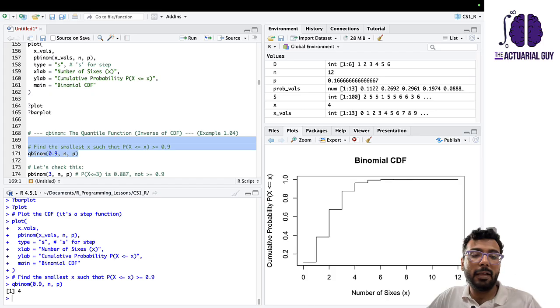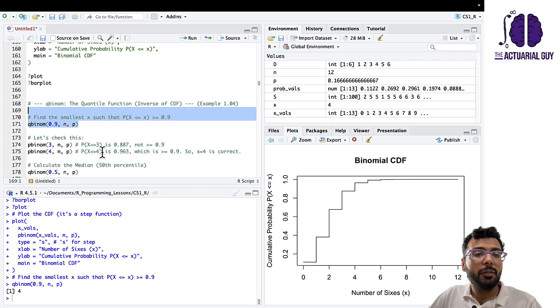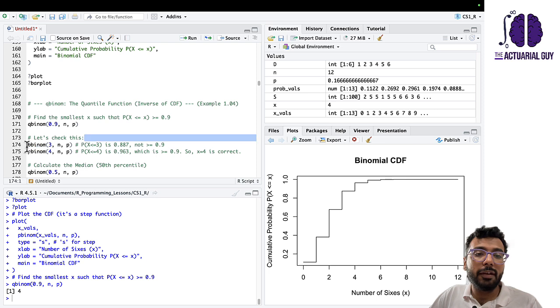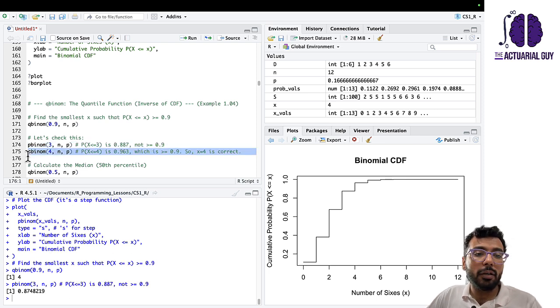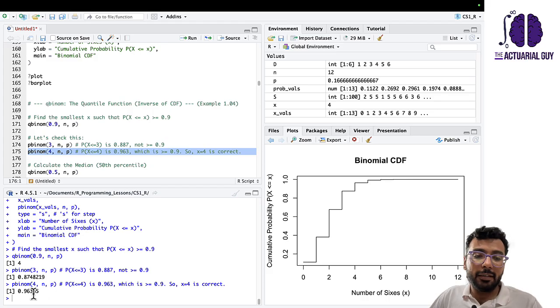So the 90th percentile value is 4. If you read against the 90th percentile here, you will see that you are getting the value 4. If you want to confirm that this is correct, you would check the CDF. The CDF at 3 is 0.87. The CDF at 4 would be 0.96365.